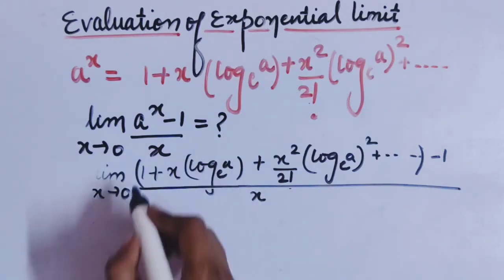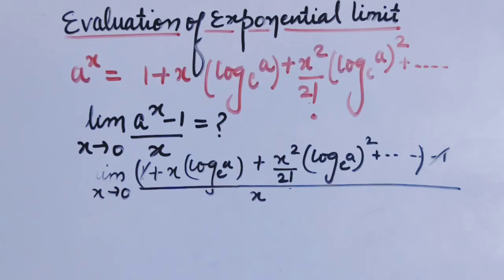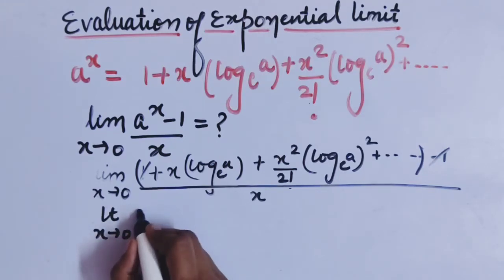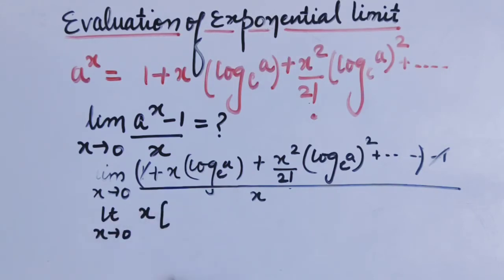Now see here. This 1 and minus 1 get cancelled out. Now what we can take common out of it? What we can take common, students? We can take common x from here. So when I am taking common x, then what will be left over here? There will be limit x tends to 0. When x is common, what is left inside?